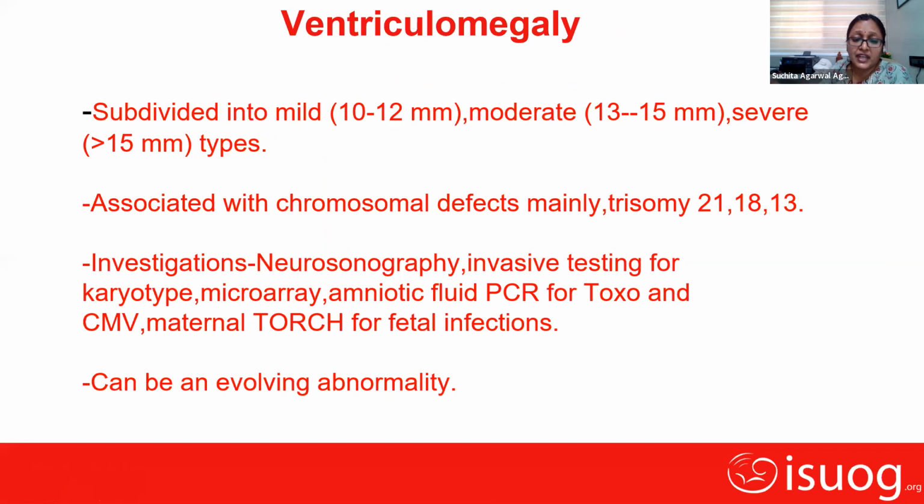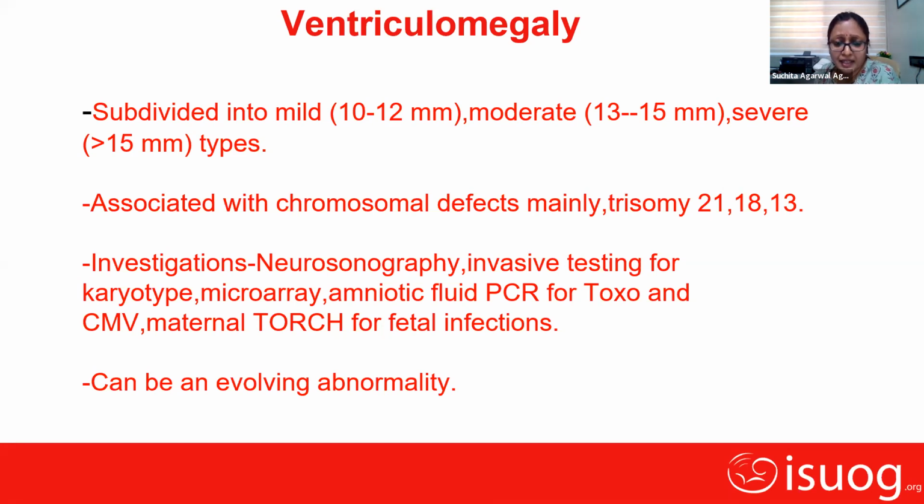When we find ventriculomegaly, a detailed neurosonography has to be done. We have to offer the patient invasive testing like amniocentesis for karyotype, microarray, and amniotic fluid PCR for detecting infections, particularly toxoplasma and CMV. We can also go for a maternal TORCH test for detecting fetal infections.